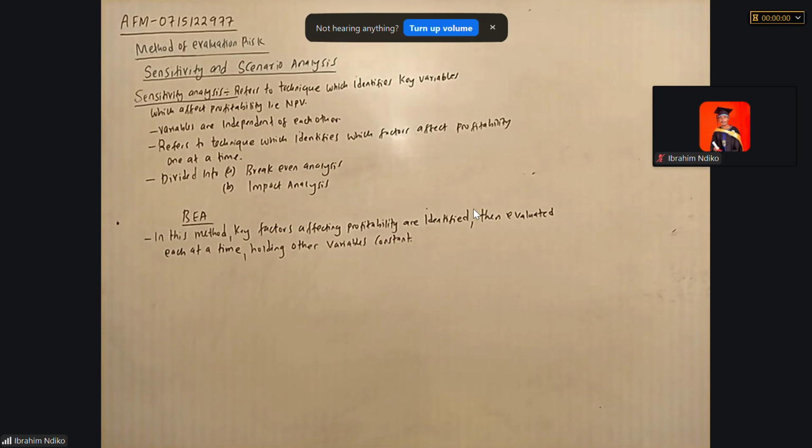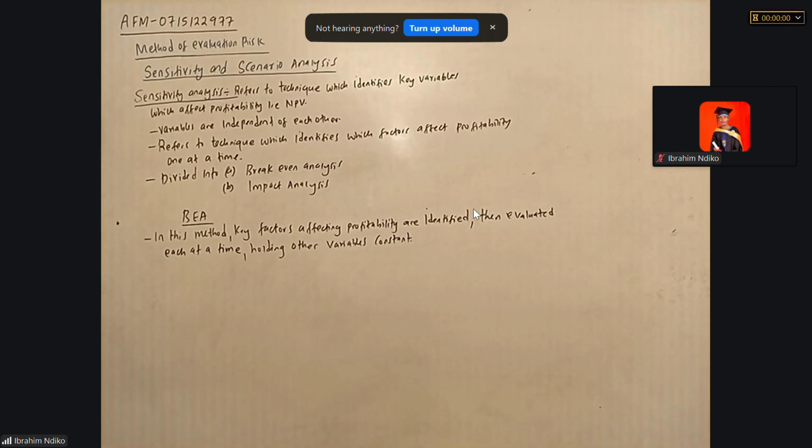When we are talking about break-even analysis, under sensitivity, we identify the factors, for example sales, variable cost, or fixed cost. Then we analyze each factor at a time. If we analyze sales, we ignore the rest. Once we complete one factor and go to the next, we ignore the other factors.